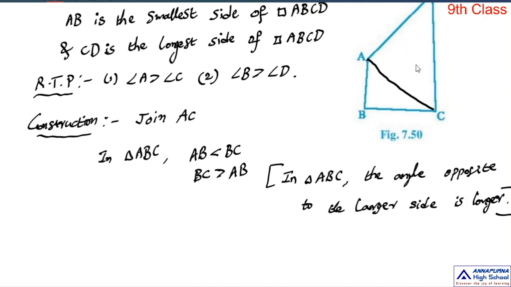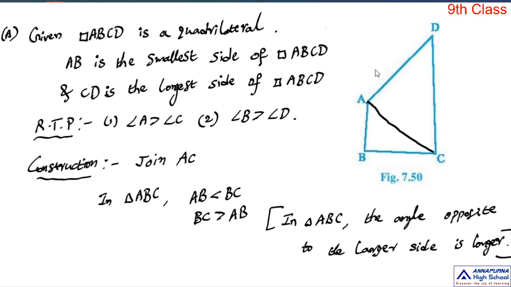First mark some angles in the given figure. This is angle 1, this is angle 2, this is angle 3, this is angle 4, this is angle 5, this is angle 6.